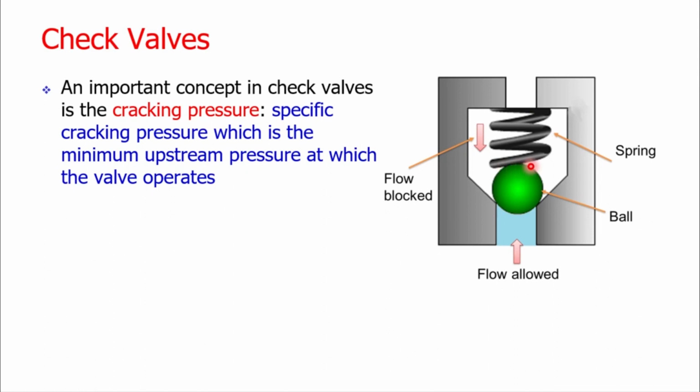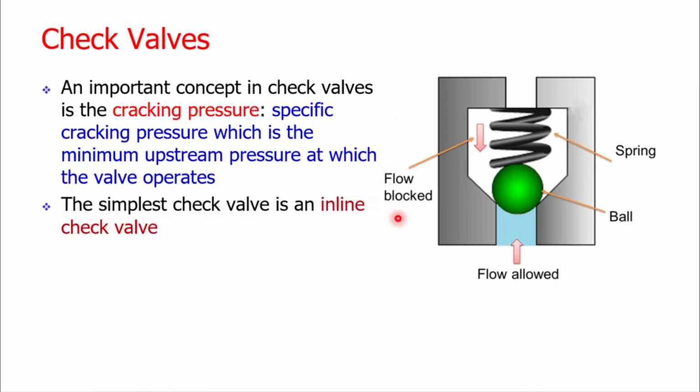In general, a simple check valve has only one cracking pressure. But if you want variable cracking pressure, then you have to use a screw based arrangement in which you can change and control the stiffness of the spring.